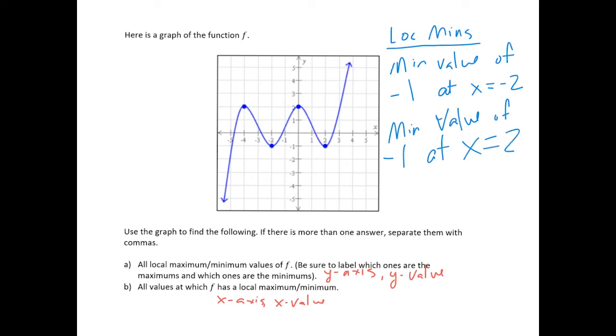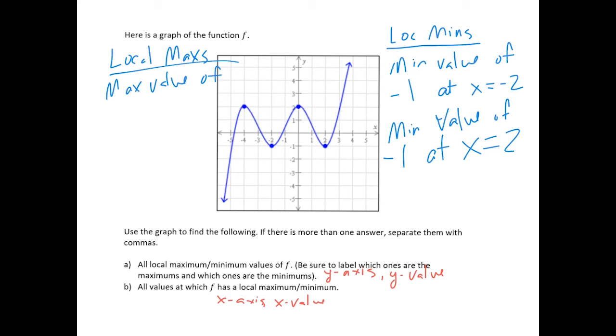Okay? Now let's talk about the local maxes. There's a local max and there's a local max. So over here on the left-hand side, I'll have my local maxes. So there is a max value of, here's my max, and the value is 2, because it's 2 along the y-axis.